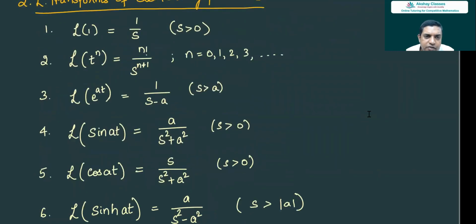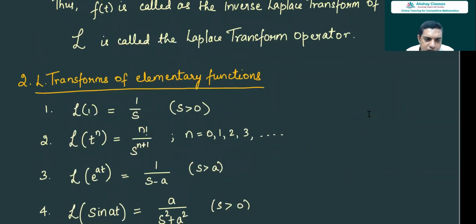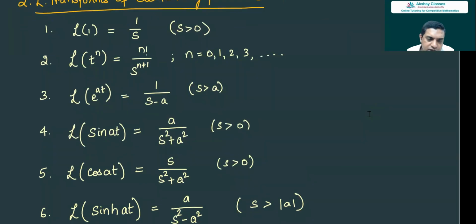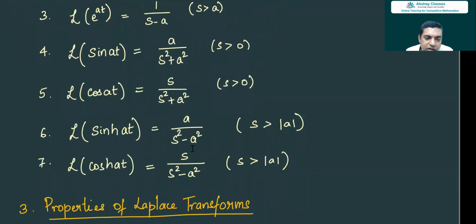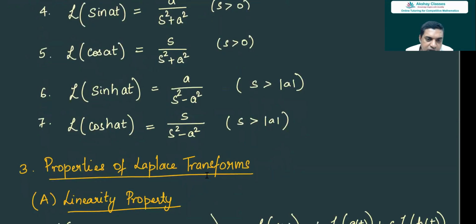Now, there were elementary Laplace transform formulas. Laplace of 1 is 1 by s, t power n is n factorial by s power n plus 1. Laplace transform of e power at is 1 by s minus a. Then sine at, cos at, then sine hyperbolic at, cos hyperbolic at. These were the basic Laplace transforms.